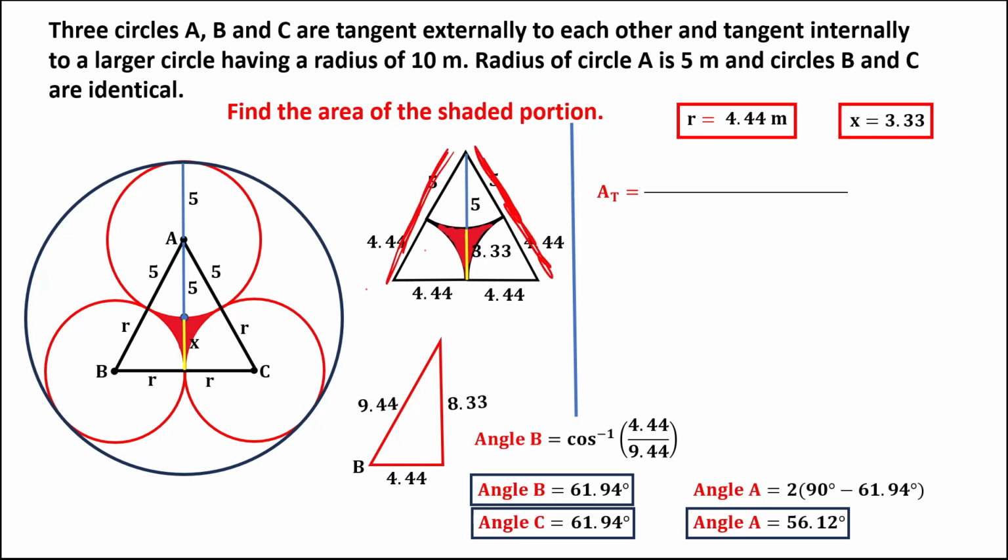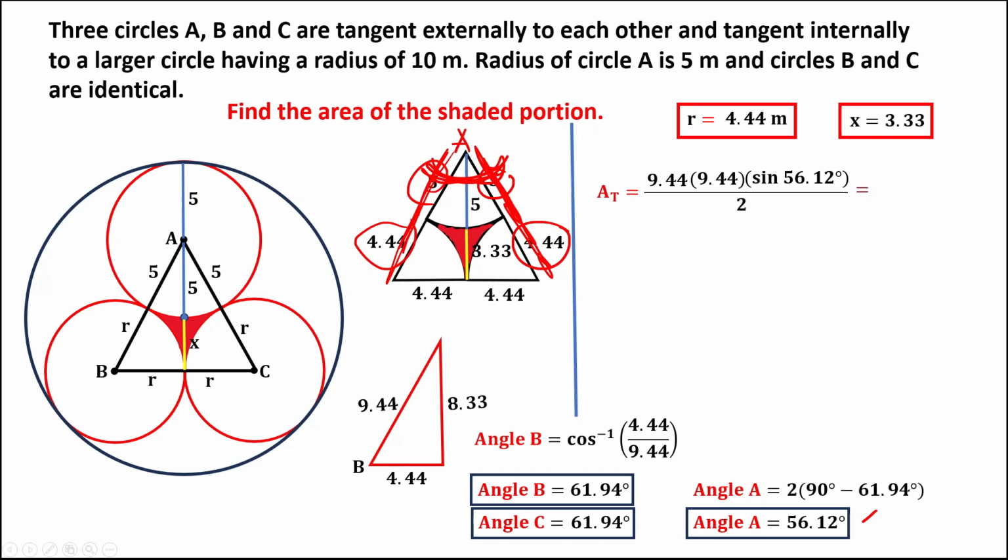The product of these two sides is 9.44 times 9.44, then times sine of this angle A, and angle A is 56.12 degrees, then over 2.